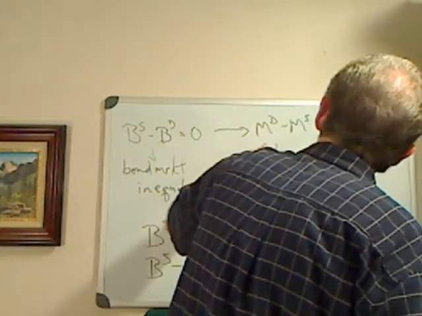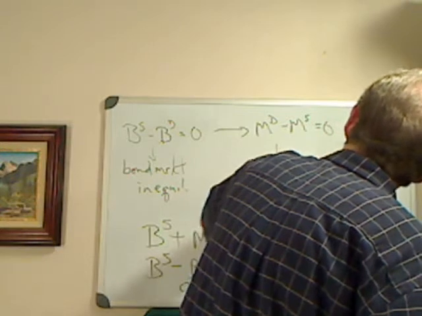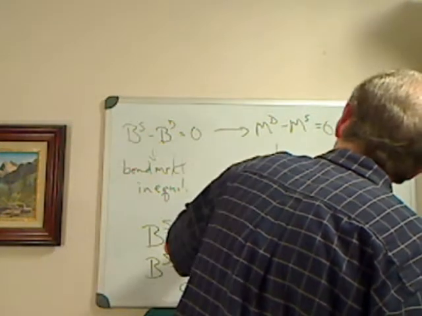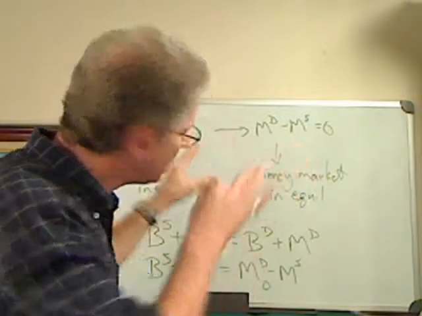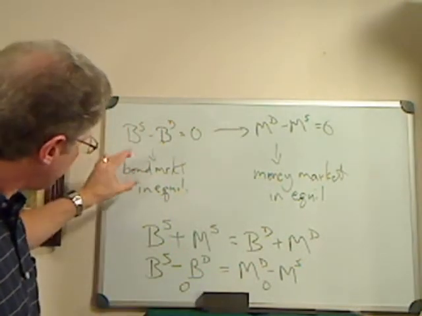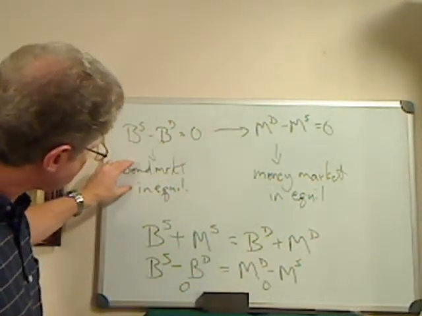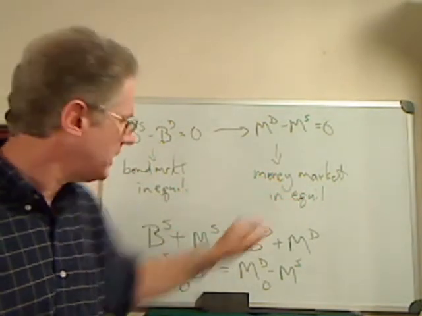That means that the money market is in equilibrium. We have a system of markets here, and we're seeing that if we know we're in equilibrium in one, that implies that we must be in equilibrium in the other.